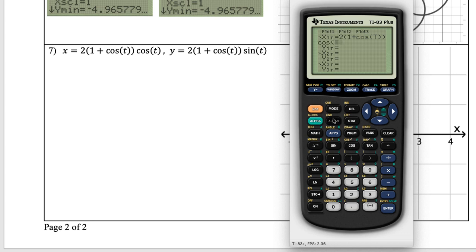I'm confident knowing my order of operations. The second one is going to be 2 times (1 plus cosine of t), multiplied by sine of t, and zoom 0.